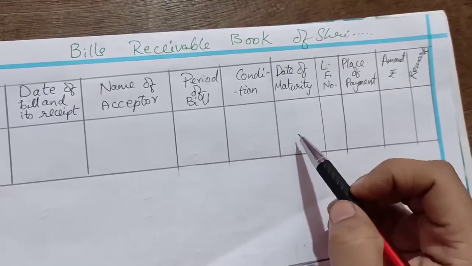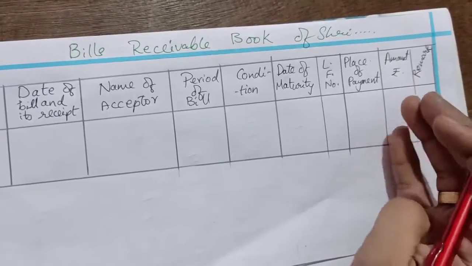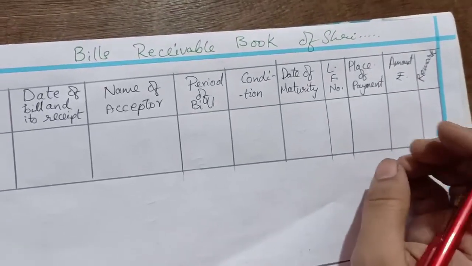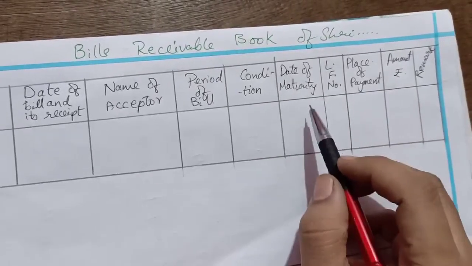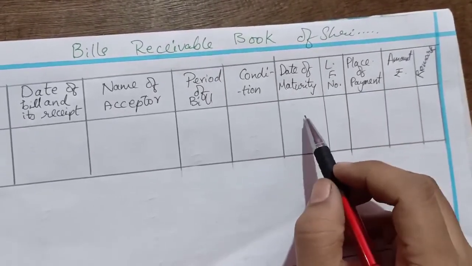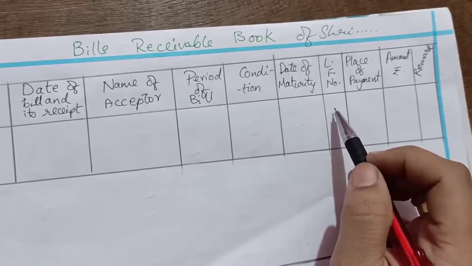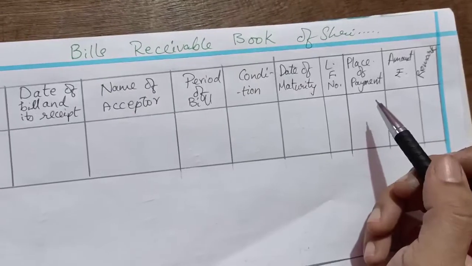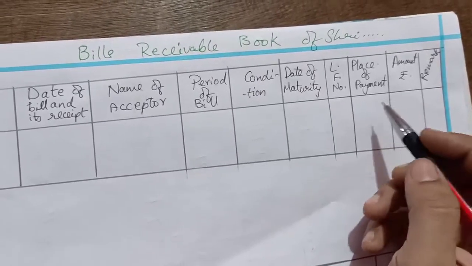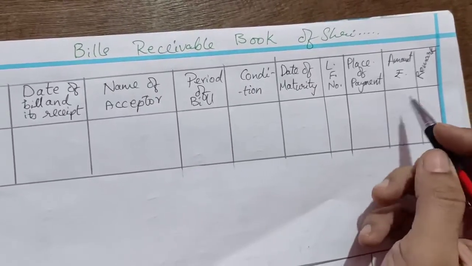Then date of maturity, the last date, it has to be counted. Like if it is 3 months from today, then the exact date on which the 3 months ends, that has to be written over here. Then the ledger folio number, place of payment, where it is to be paid, like if it is in the bank, through the bank or directly in the office, that has to be written here.